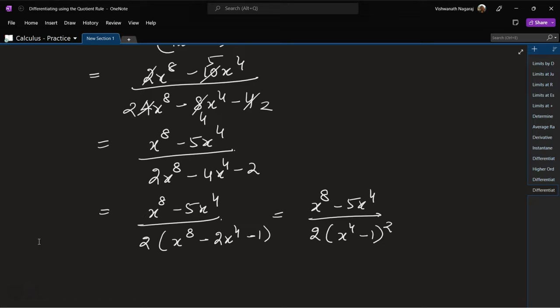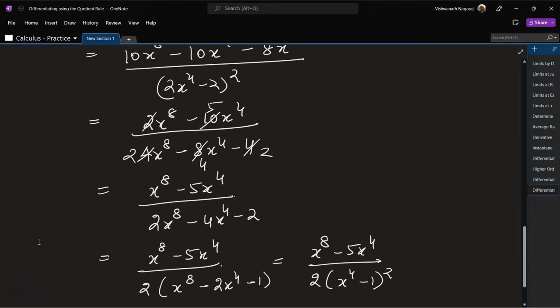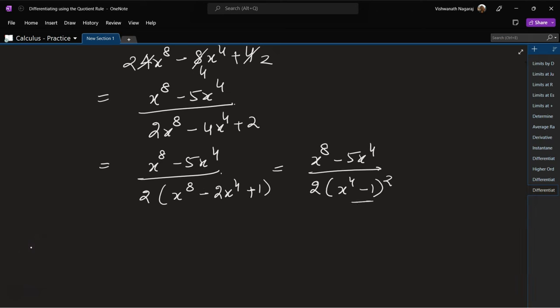X to the power of 8 minus 2 times 1 times x to the power of 4, so minus 2x to the power of 4 and plus 1. This should be minus 1. This should be plus 2. See, here I had made a mistake. See, unless I had tried to do this, I would not have realized that I have made a mistake.